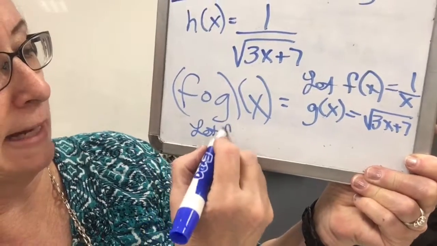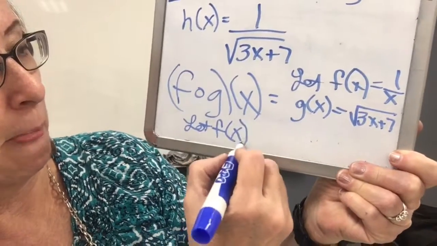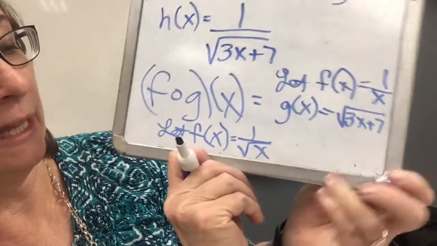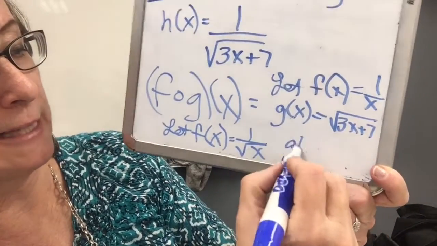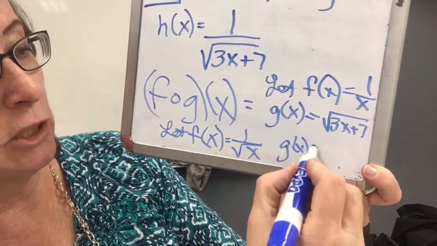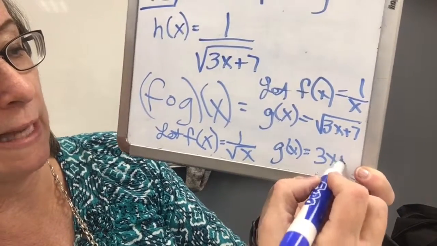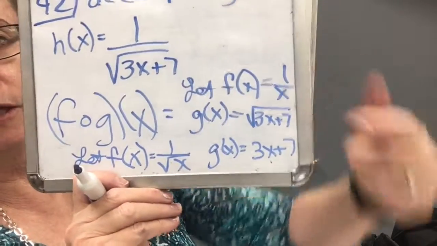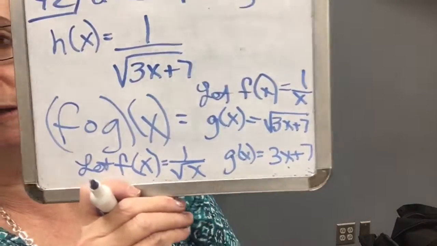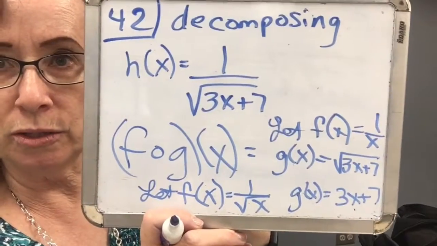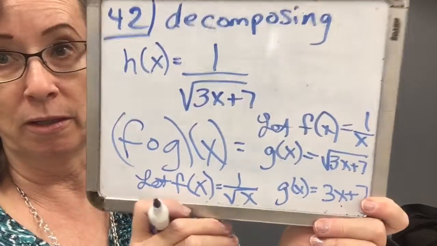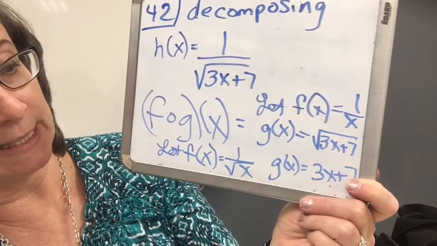We could let f of x be 1 over the square root of x, and then g of x in this second alternative would just be 3x plus 7. Can you see how either this option or this option would both compose to give us the required function up here? Both of them would take care of that situation.